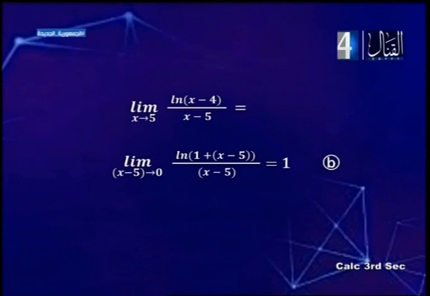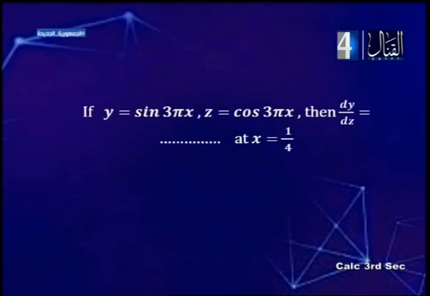Another example: if y equals sine 3 pi x and z equals cosine 3 pi x, then dy/dz equals what, at x equals a quarter? Negative 1, 0, 1, or 4.